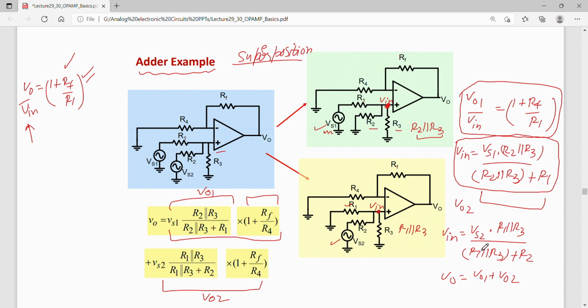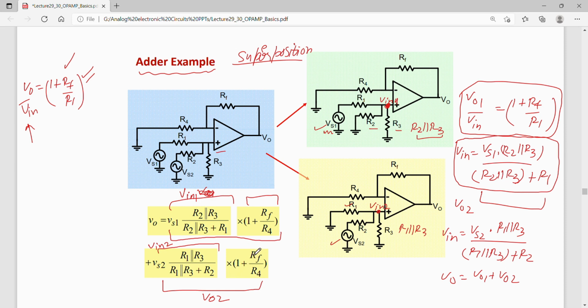Okay. So then again using this relation, I can write VO2, right? So VO2 is Vin multiplied by 1 plus RF by R4, right? So this is not V naught 1, this was Vin also here. Let us say Vin 1, Vin 2.